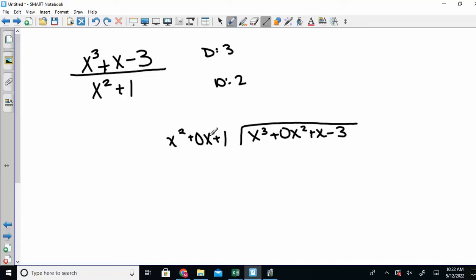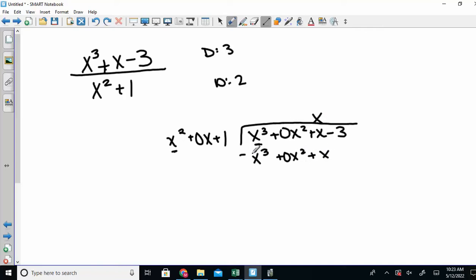So then we divide. So what is x cubed divided by x squared? Okay. Then we multiply. So x times x squared is x cubed. X times 0x is 0x squared. X times 1 is x.